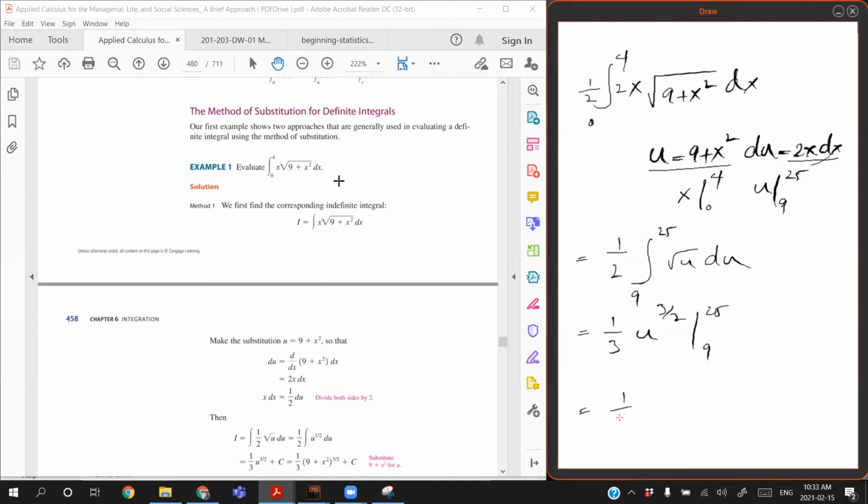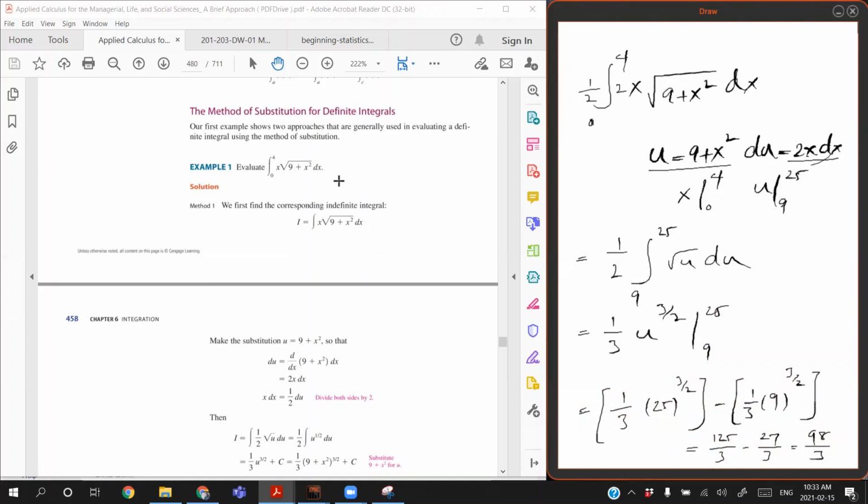So I get 1/3 of 25 to the power of 3 over 2 minus 1/3 of 9 to the power of 3 over 2. I'm going to get the exact same answer. Yes, so this is 125 over 3 minus 27 over 3, which is going to be 98 over 3. But it's easier to do because you don't need to go back to x.